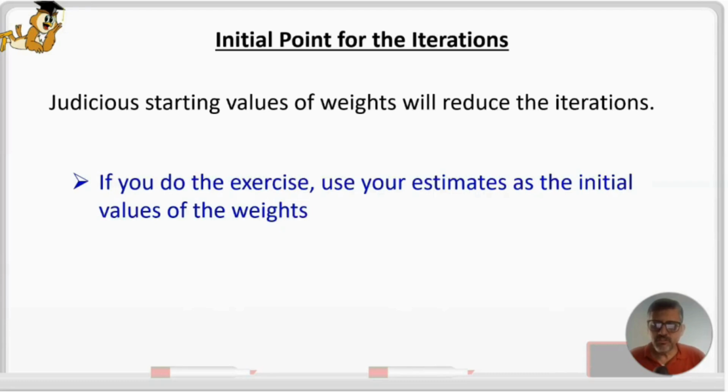But having a feel for what your final answer is going to look like in an optimization problem is even more important, because it can help you to judiciously select the starting values of the W's, or the weights, the coefficients, right? So if you have a gut feel, if you know what your final answer is going to look like, begin with that as your initial values for the iterations.